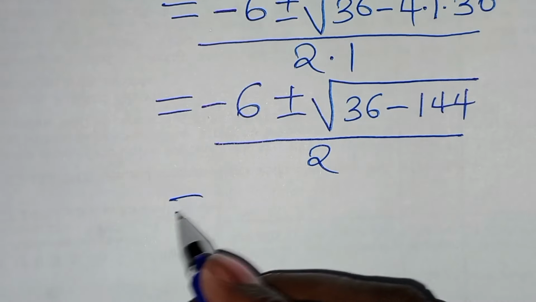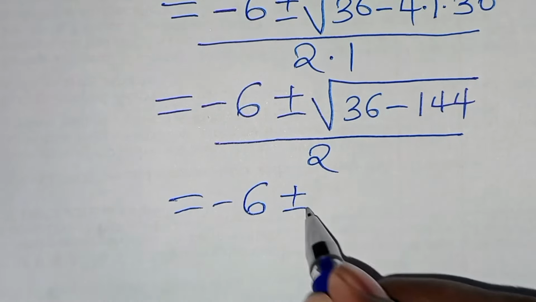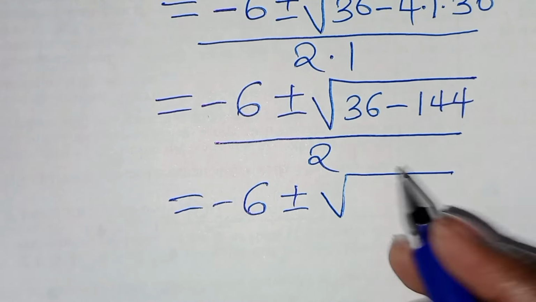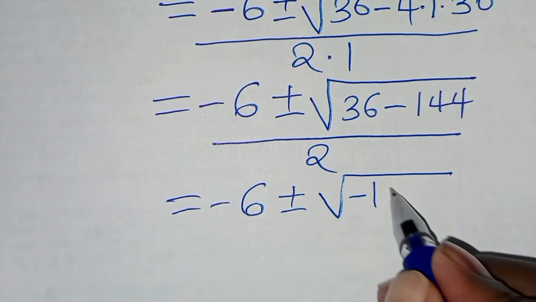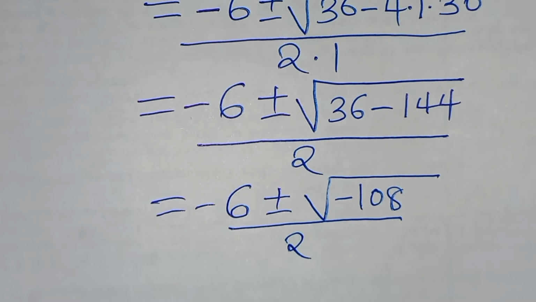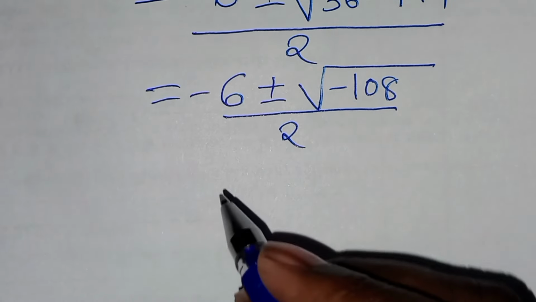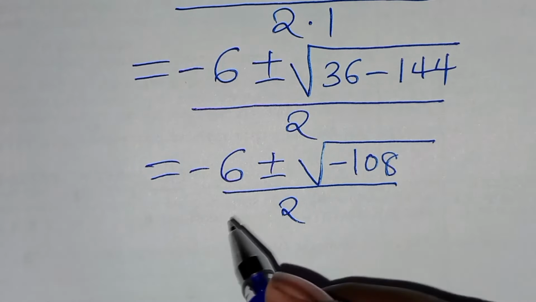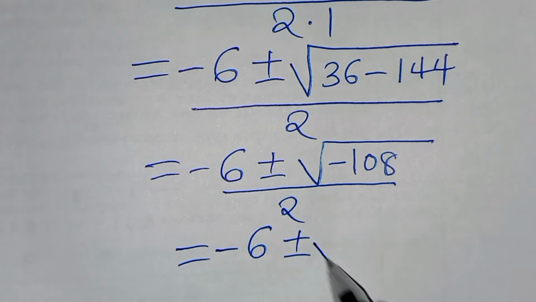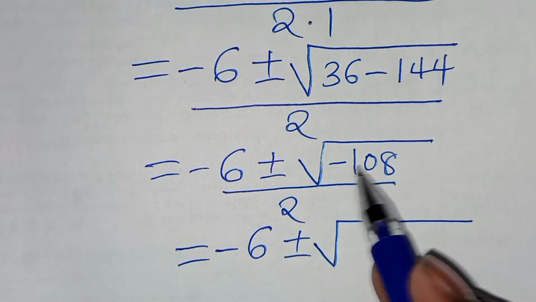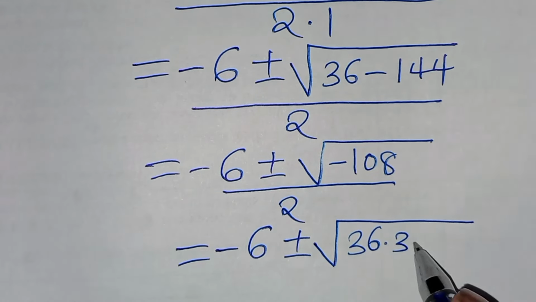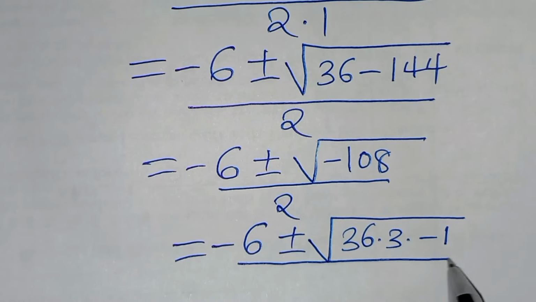So here we have minus 6 plus or minus the square root of 36 minus 144. This is minus 108. All this divided by 2. So the next step here, this is minus 6 plus or minus. We can express minus 108 as 36 times 3 times minus 1 over 2.